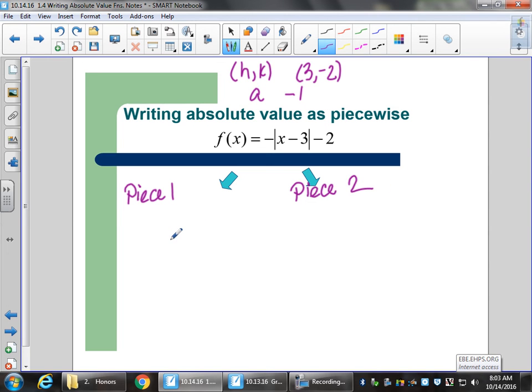What are we going to do in piece 1? Read your notes on piece 1. What do we do for piece 1? So we're going to leave A alone. Leave it just as it is. And we're going to simplify this. So how would I simplify? What would I get?